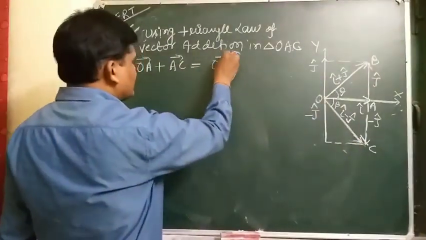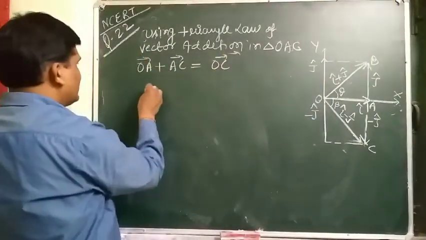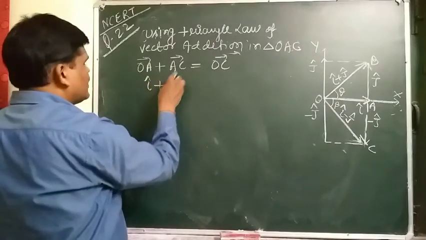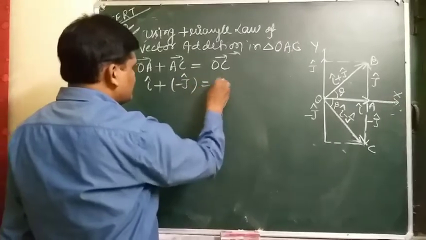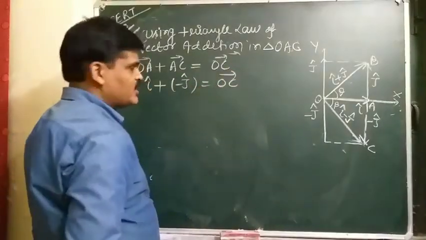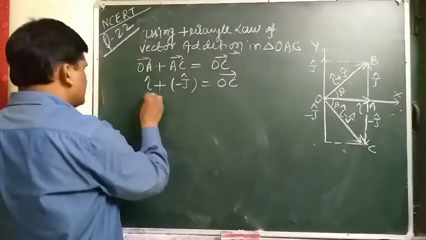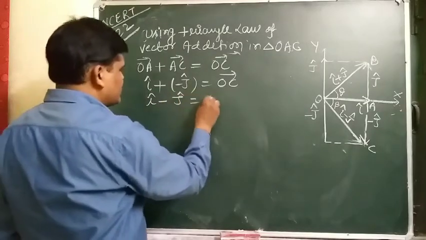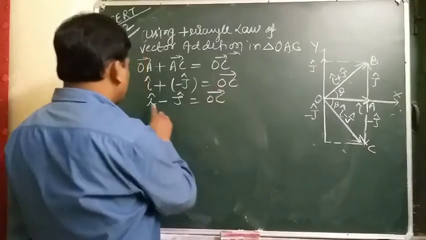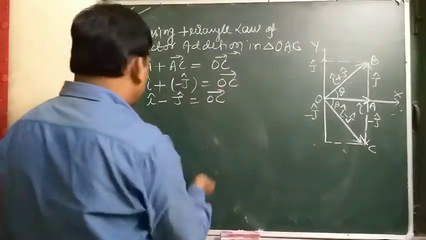So OC vector: OA is i cap, AC is minus j cap, and the resultant comes out to be i cap minus j cap, which is the resultant of unit vector i cap and minus j cap.